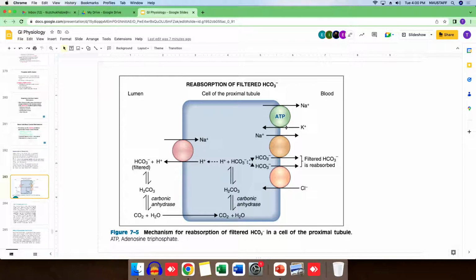Did you get this? Yeah, exactly. This is the physiology of how it is happening.